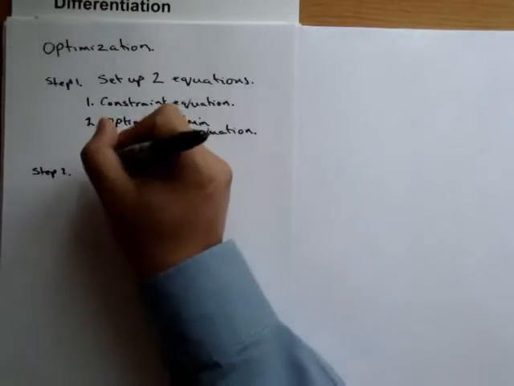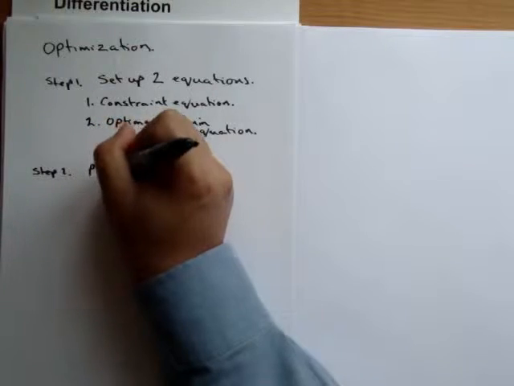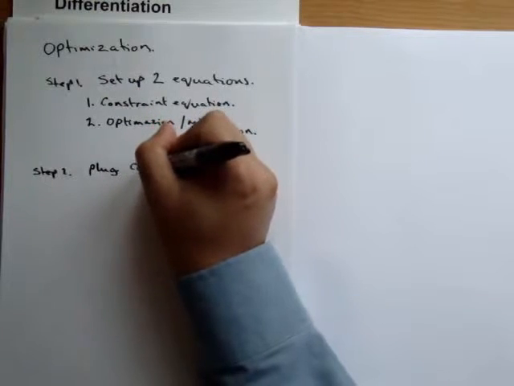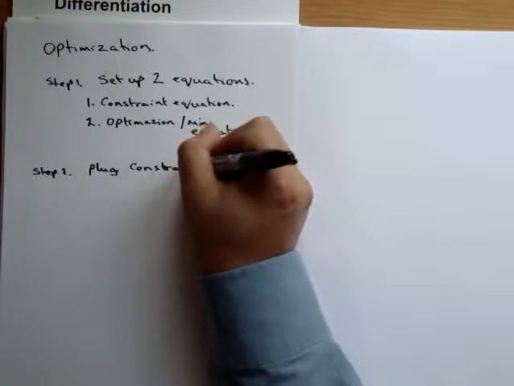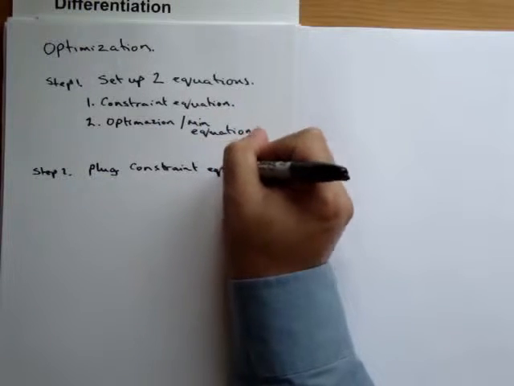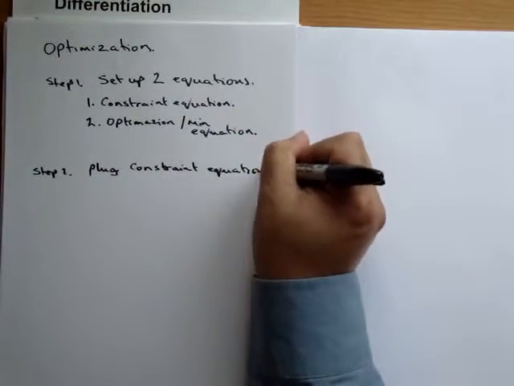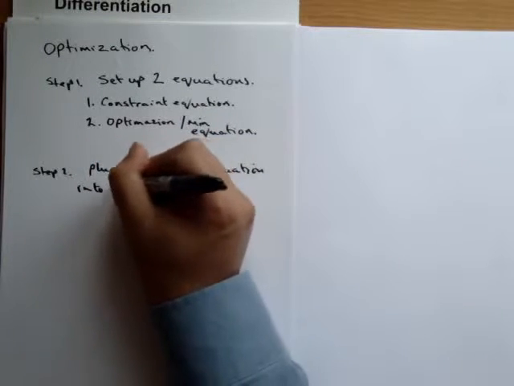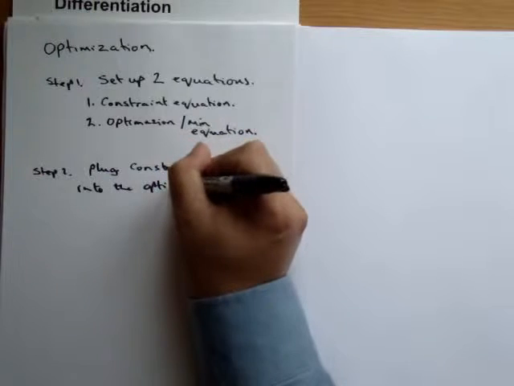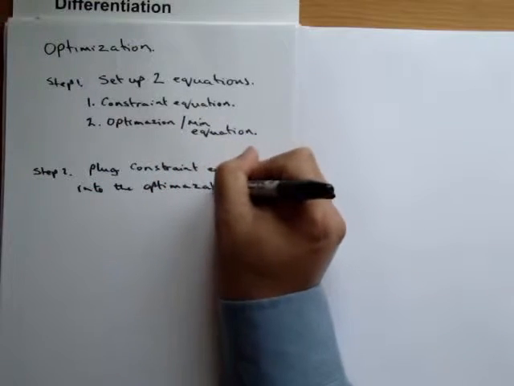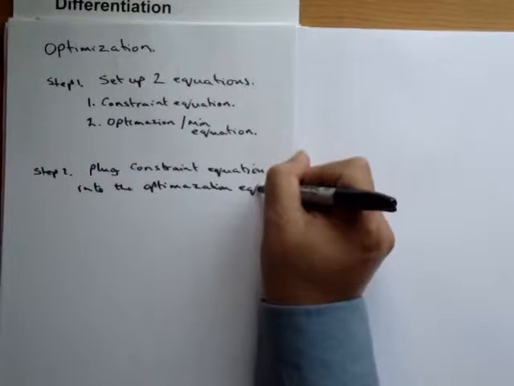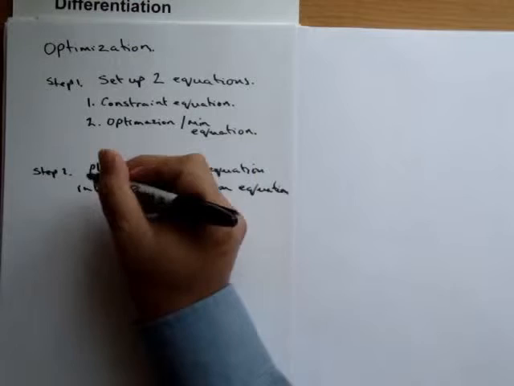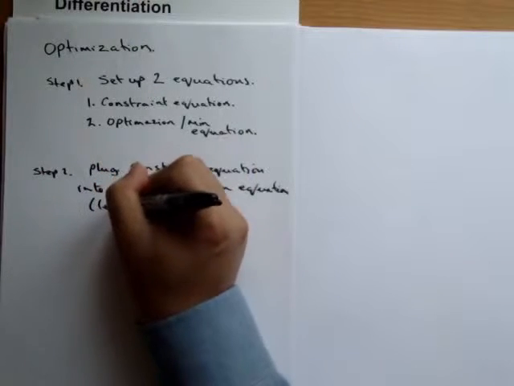We plug one equation, and it's usually the constraint equation, into the optimization equation. And you should be left with only one variable.